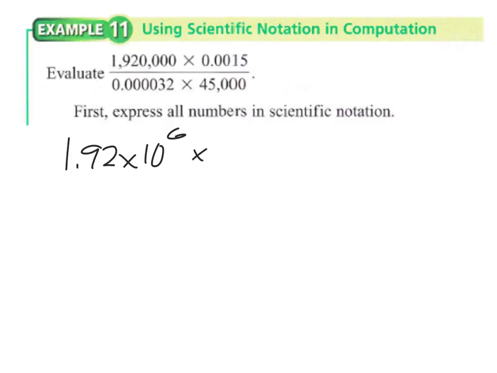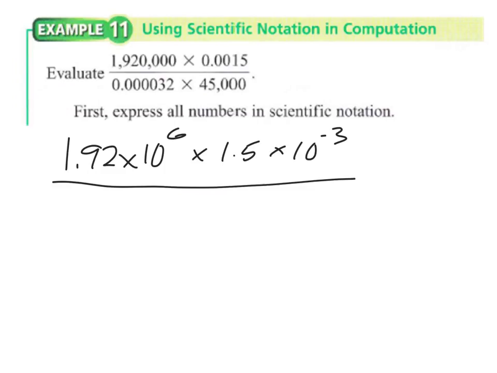That's being multiplied by 1.5 times 10 to the negative, and it's got 3 zeros, so it's negative third power. That is over 3.2 times 10 to the negative, and that has 5 zeros, so negative 5, there's a decimal point there. And that's being multiplied by 4.5 times 10 to the, and this is a 5-digit number, so it's times 10 to the 4th.